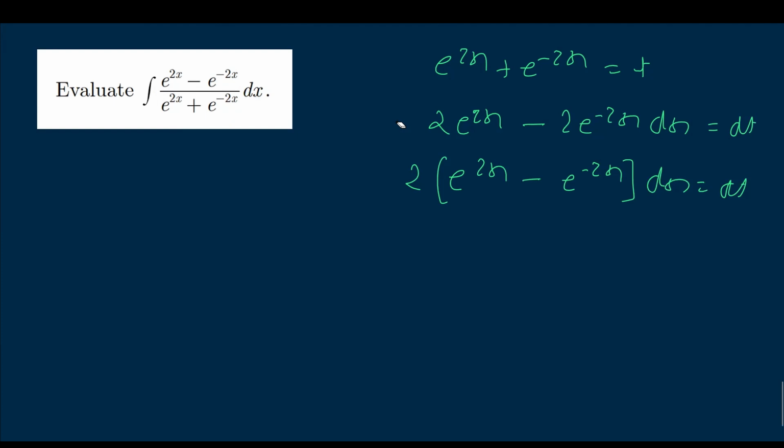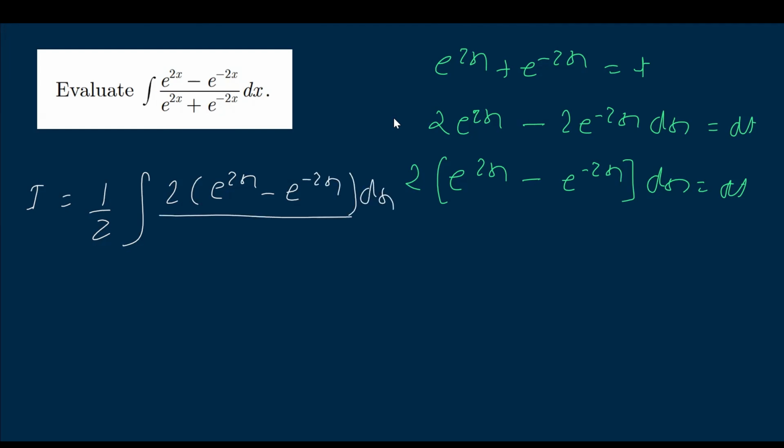So what we'll do here is simply multiply a 2 over here. After dividing by 2 and multiplying by 2, this is e raised to the power 2x minus e raised to the power minus 2x dx, and below it is e raised to the power 2x plus e raised to the power minus 2x. Now by substitution, what do we get?